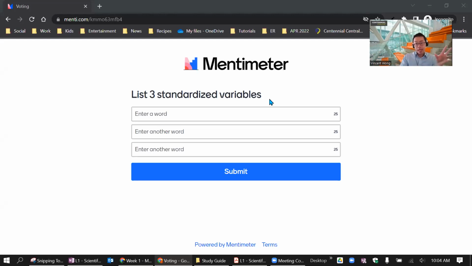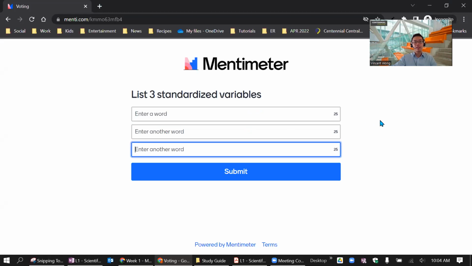So we have 2 groups of cows, cows with normal diet, and cows with a high protein diet. Everything else we should try to standardize. So I want you to go here and type in 3 standardized variables for me. The link is in the chat box. Please take a moment and try that.